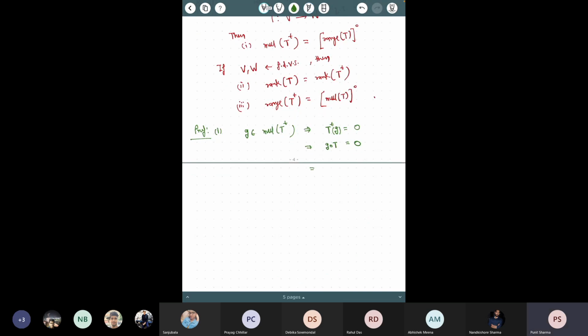So g of T(v) is equal to 0 for all v in V. But what is the meaning of this? This is true for all v in V. So can you say from here that g belongs to the annihilator of the range of T?